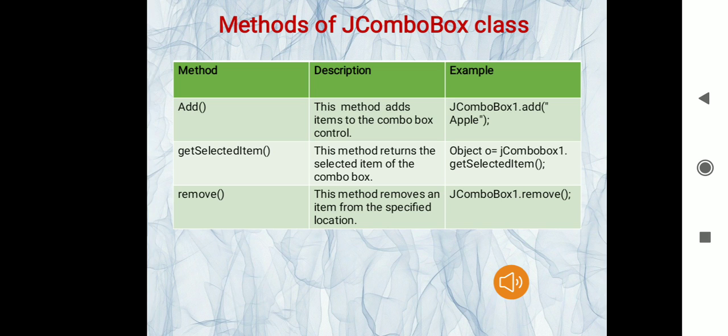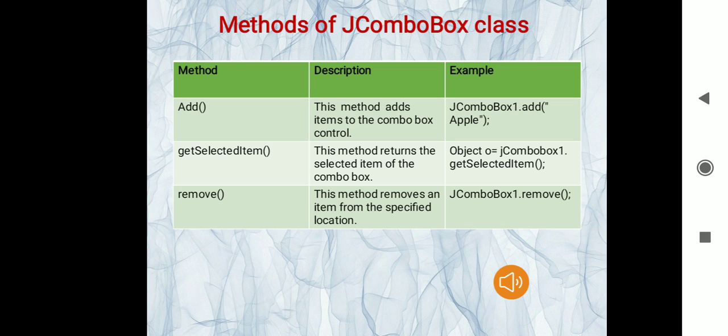And the Java code to find out the selected item, considering O as the object, will be Object O equals jcombobox.getSelectedItem followed by a semicolon. But you can take any letter or word for denoting the object.